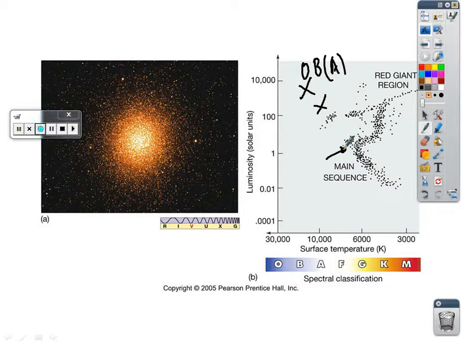It could be anywhere along the main sequence, and when we get back to that, it'll be quite important. We still have stars which are main sequence, there they are, but a lot of the stars are dying, there they are. Dying stars are giant stars, stars that have swollen up and are about to either explode or shrink down to white dwarfs. Okay, are you happy with globular clusters? Okay, let's move on.